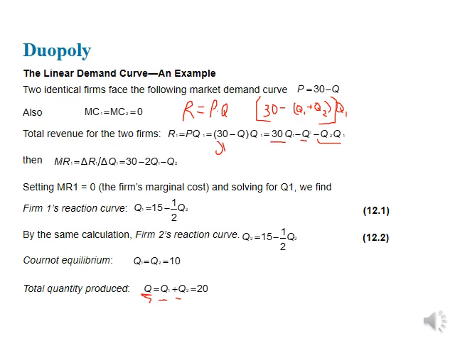So dR/dQ is marginal revenue. That's just the derivative of this revenue curve. So 30 minus 2Q sub 1 minus Q sub 2.